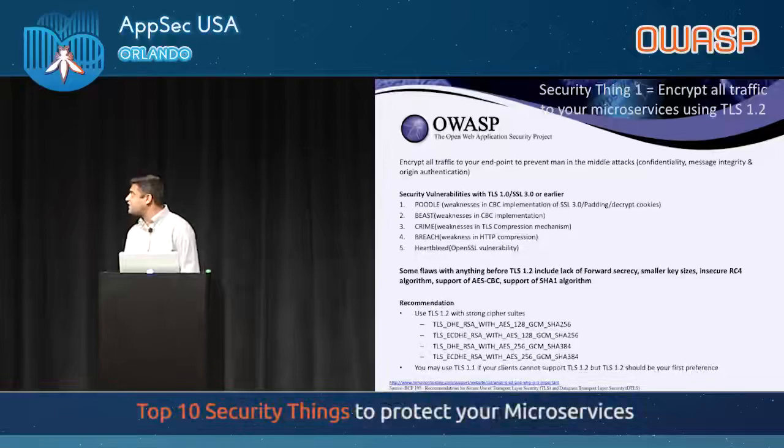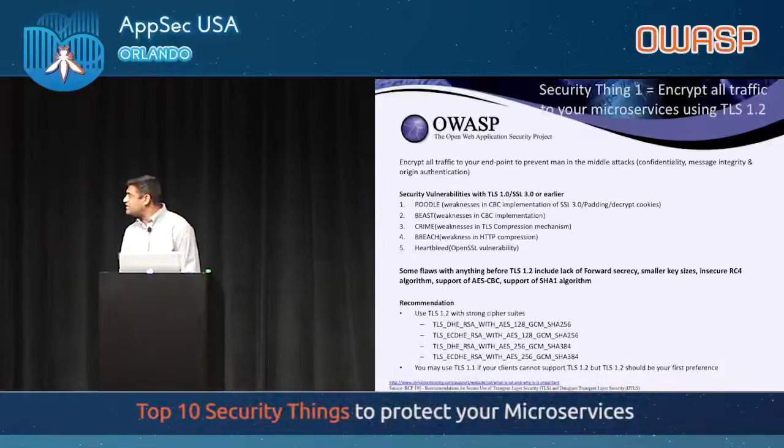POODLE exploits that weakness, and by that, it is able to play around with the padding to finish the block size, and then they will be able to decrypt session cookies if the attacker is successful. If you have session cookies, it's the keys to the kingdom. If somebody knows your session cookie, they can create a session, and they can just be you on that website. So protecting cookies, we all know, is very important.